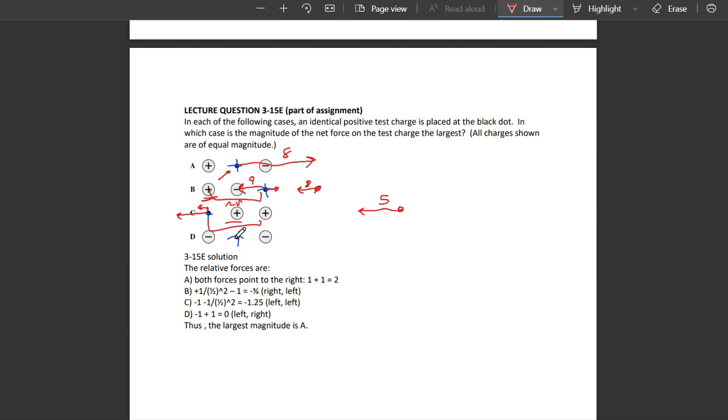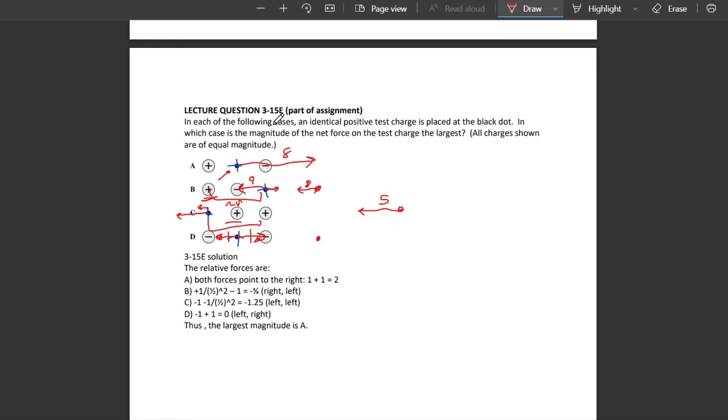The first negative charge pulls the positive charge toward it, and the second negative charge pulls the positive charge toward it. They're acting in opposite directions and they're equidistant, so the forces are equal, meaning the overall force is 0. There's no net force acting on particle D.